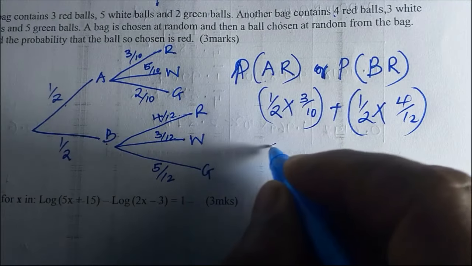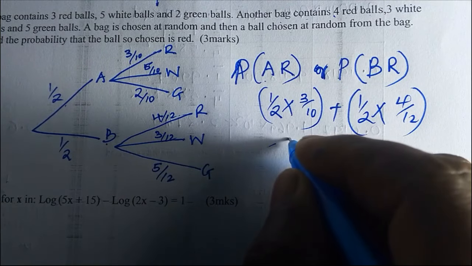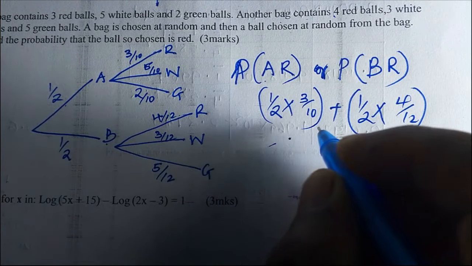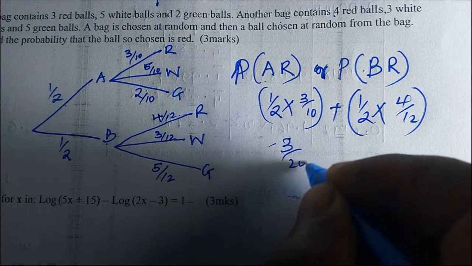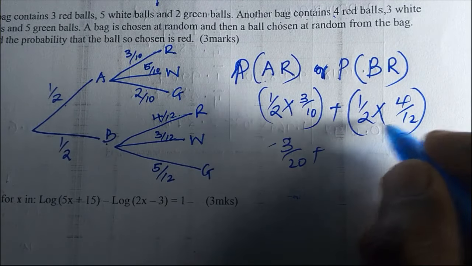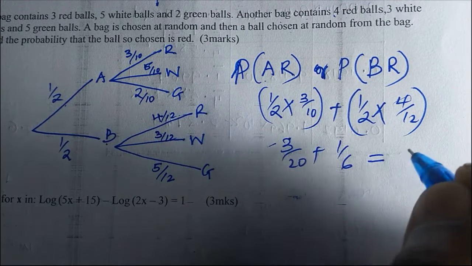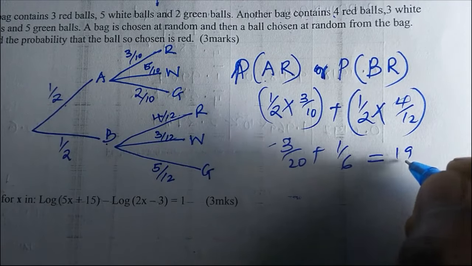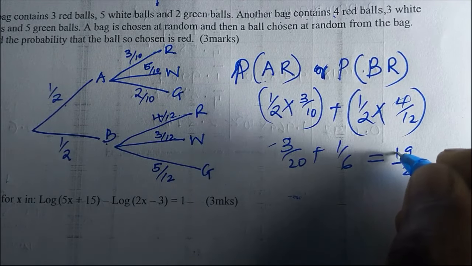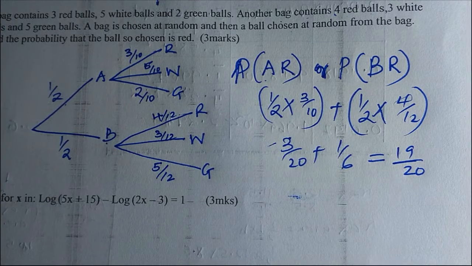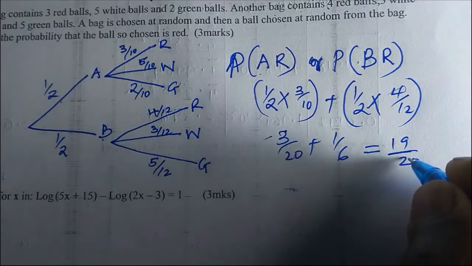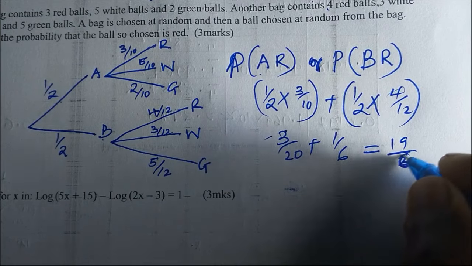And this is 3 over 20 plus 1 over 6. The answer is 19 over 60.